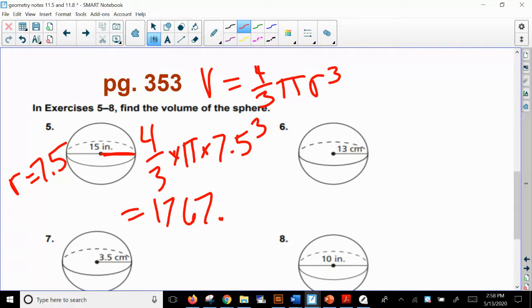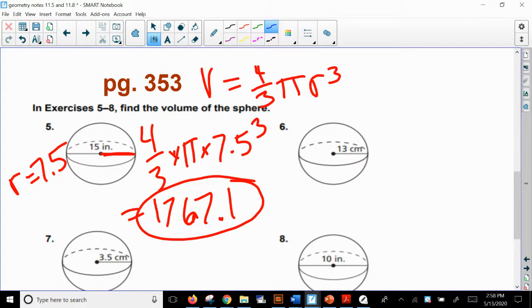I'm just going to put 0.1. That's my answer. I'm going to do it a different way just to make sure I typed it in right. I'm going to use my fraction key, times pi times 7.5 raised to the third. Yep, okay. So yes, it's a big number. Sometimes our answers are big.